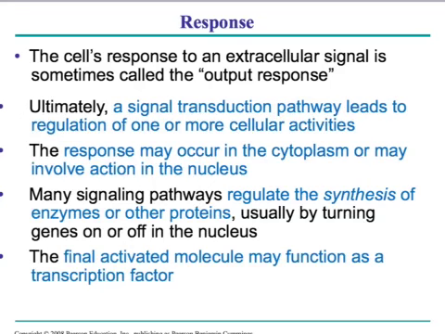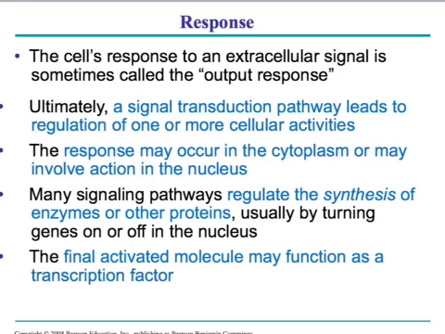The response can happen in two places. Either it's going to happen in the cytoplasm, or it's going to happen in the nucleus. In a lot of our signal pathways, we are going to be regulating either the making of enzymes or other proteins, and this is done by either turning genes on or turning genes off. We turn the genes on, we can now make that new enzyme or protein.